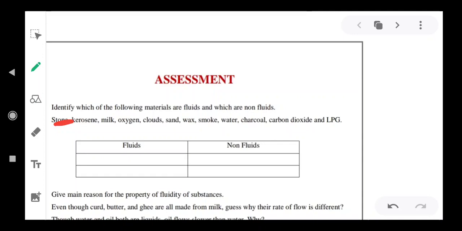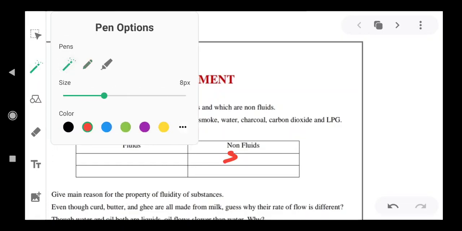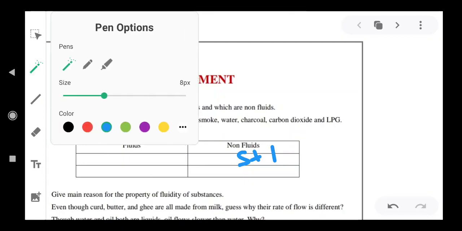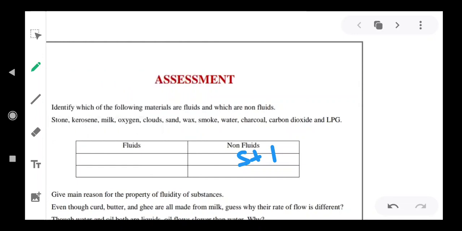So stone will come in non-fluids. Okay, in non-fluids we write the stone.